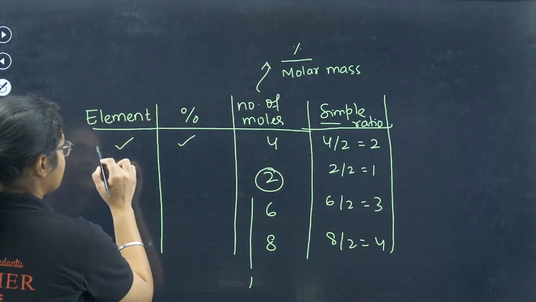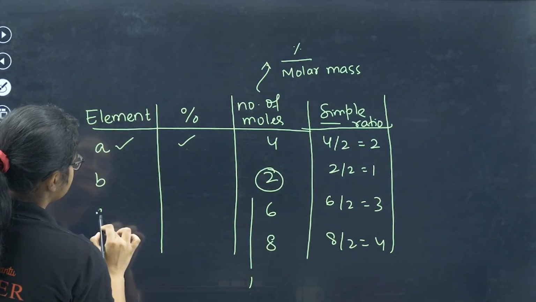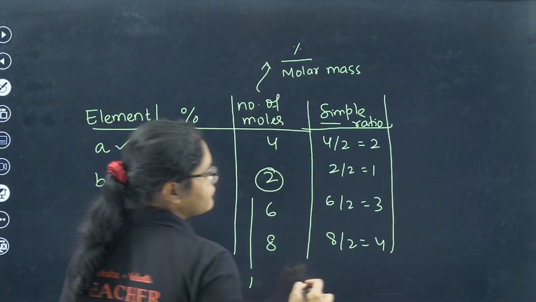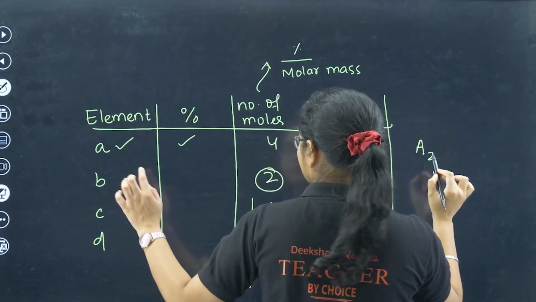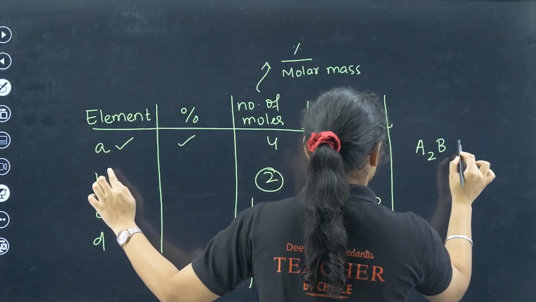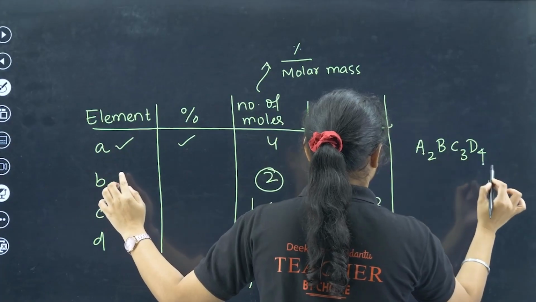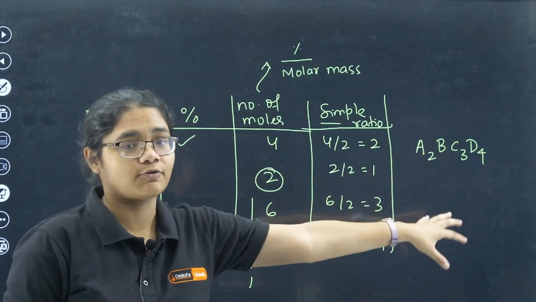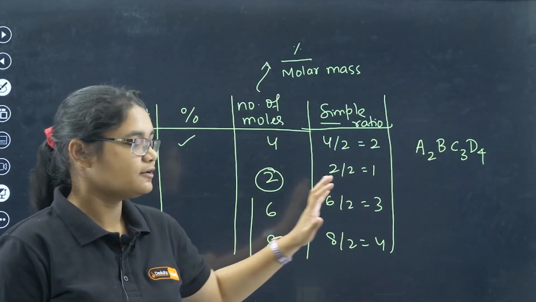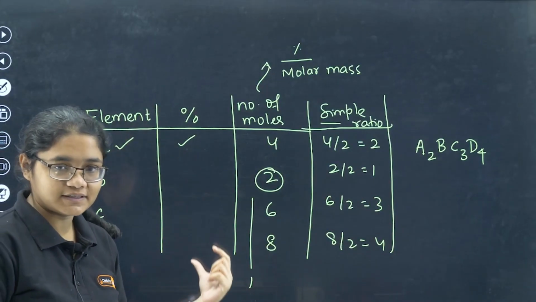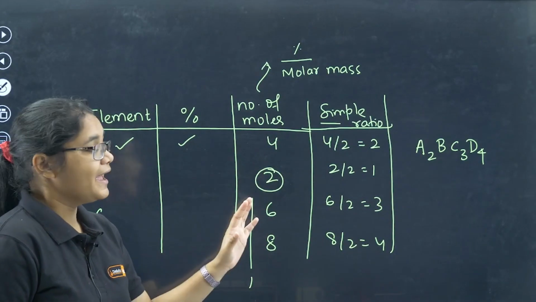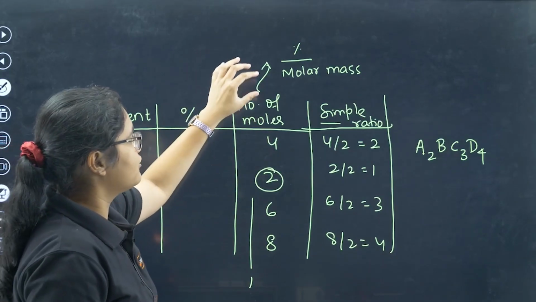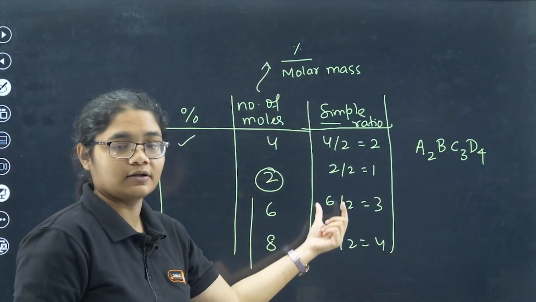Now suppose this is element A, this is element B, C, D. So what will be the formula now? You got A2, B1, C3 and D4. So this is your empirical formula. Got it? First we write the element names and their percentages, then you calculate the number of moles, and then you divide the number of moles by the smallest number to get the ratio here.